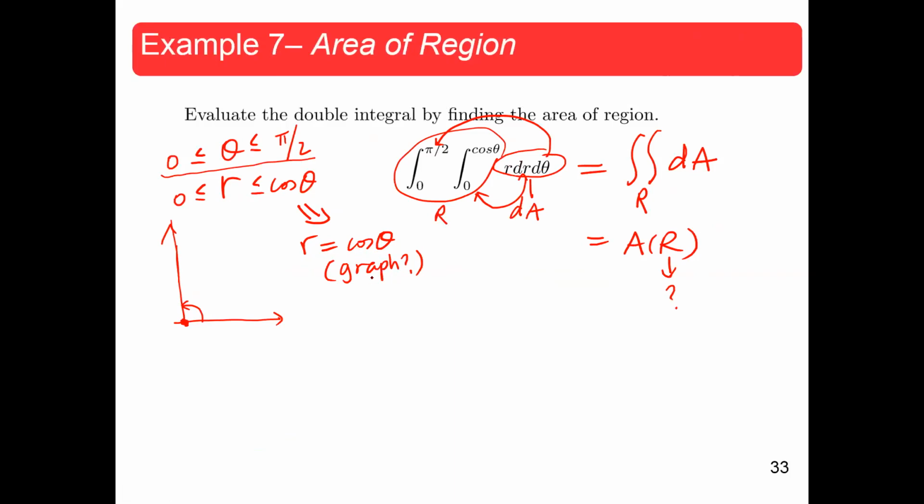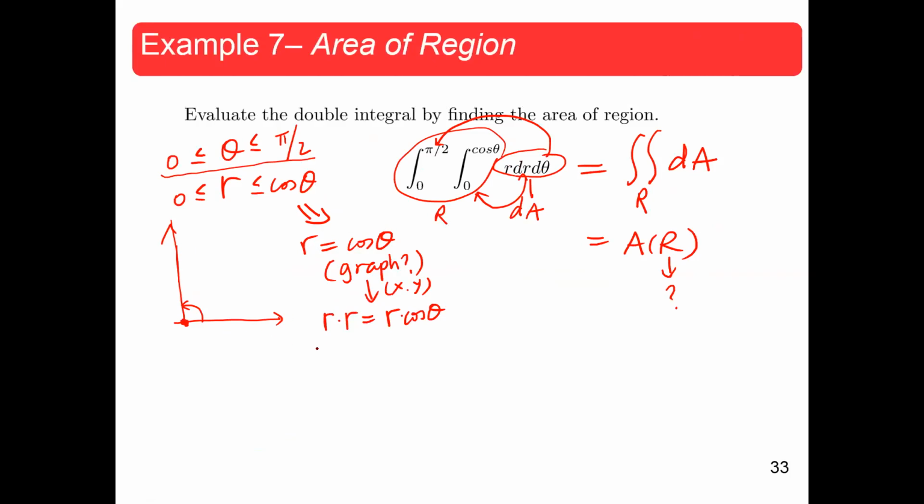And the way for us to look at its graph is to try to convert that to Cartesian, to x, y. So we'll have to get an r squared and r cosine theta. Very easy, let's just multiply both sides by radius r. So we have r times r equals r times cosine theta.